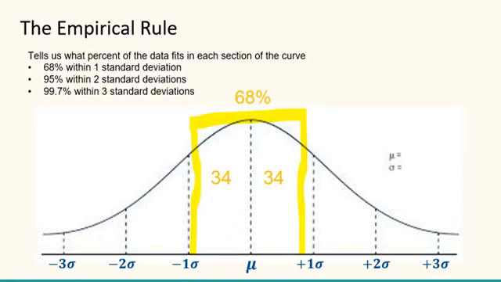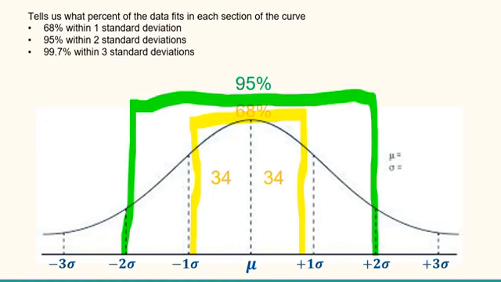Then for the next piece, we know that 95% of the data falls within 2 standard deviations. This whole area that I've highlighted in green, that is 95% of the data. Now, if I want to find these 2 little pieces, I have to do some math. I know that the yellow area is 68%.